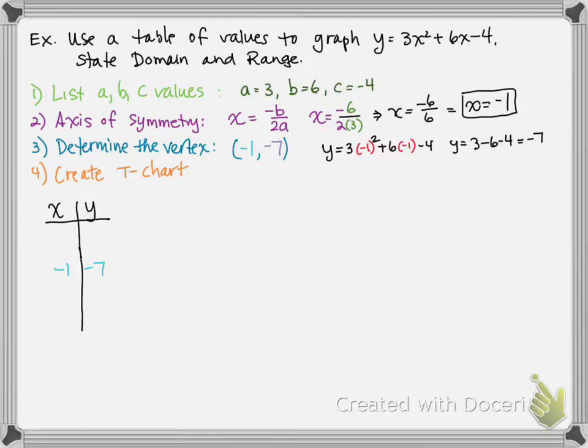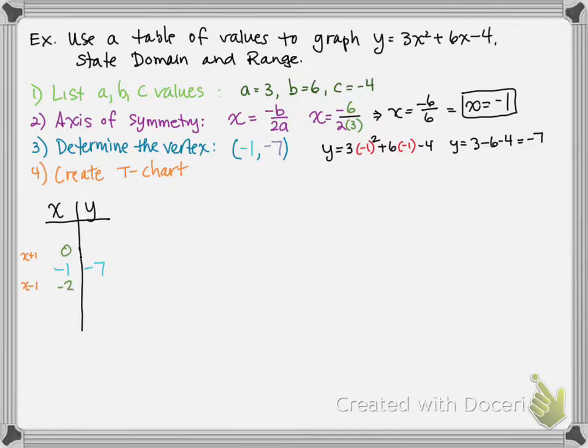We're going to take that -1, and we're going to add 1 to it. So remember, we're going to do x plus 1. And we're going to do x minus 1. Okay? So we do x plus 1. So -1 plus 1, and that takes us to 0. -1 take away 1, that's going to take us to -2.